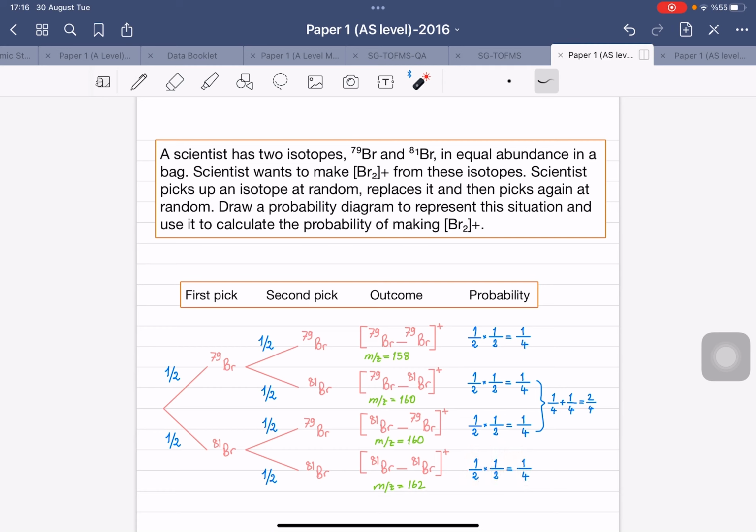Okay, that means if I analyze this molecular ion in a time of flight mass spectrometer, then I will get this mass, and this mass, and this mass, with a relative abundance of 1, 2, and 1.